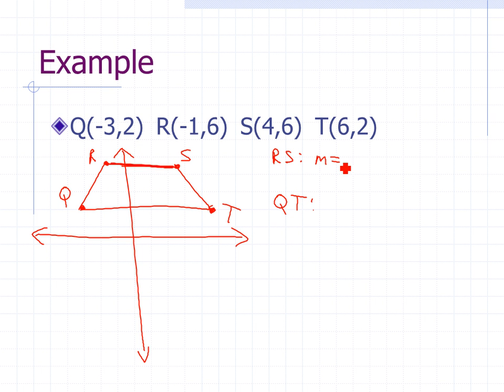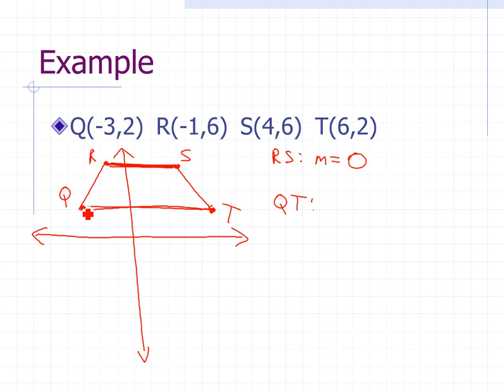If we look at the y's for R and S, from 6 to 6, how much do you go up? None, 0. Well, that tells us that this segment is special because what kind of segment is it? Horizontal. What's the slope of any horizontal line? 0.